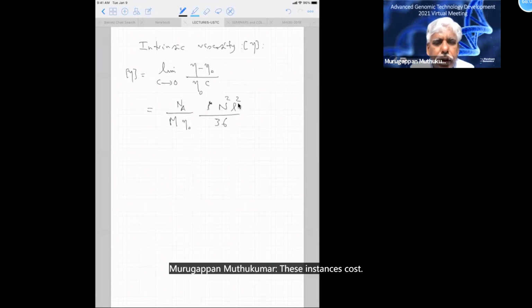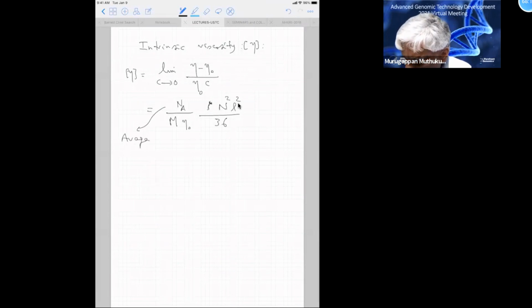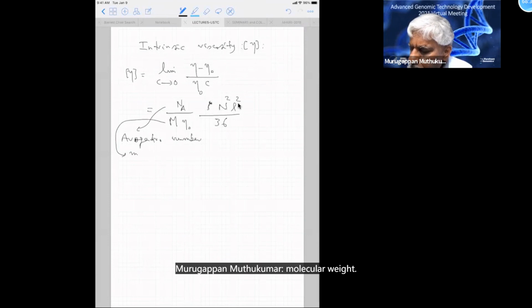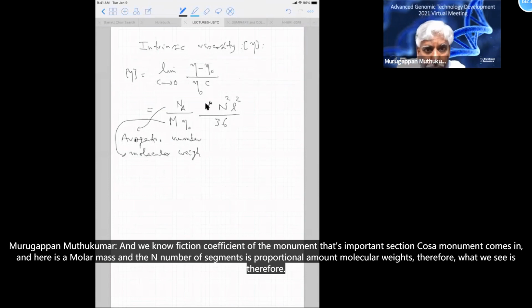This is the intrinsic viscosity, where this is Avogadro number, molecular weight, and we know the friction coefficient of the monomer. That's important: friction coefficient of monomer times n squared, and here is the molar mass. And the number of segments n is proportional to molecular weight.